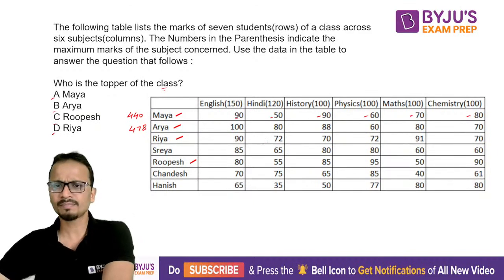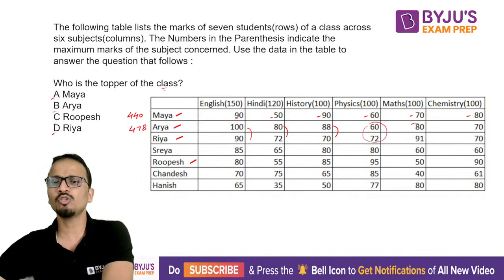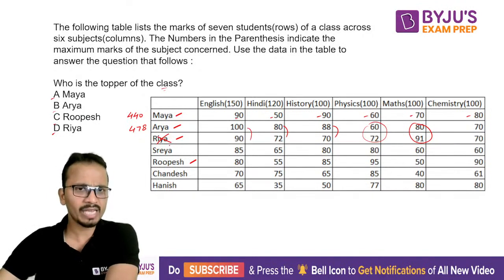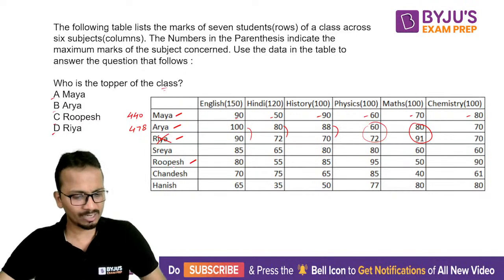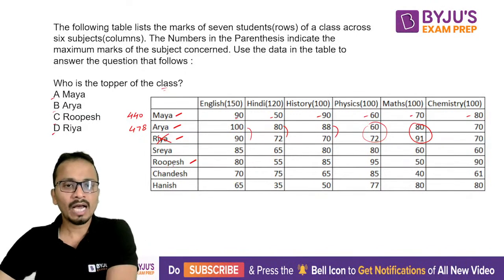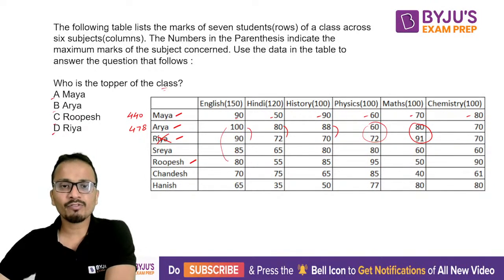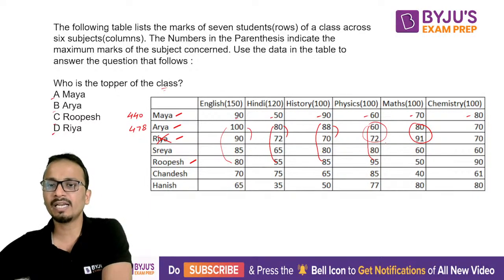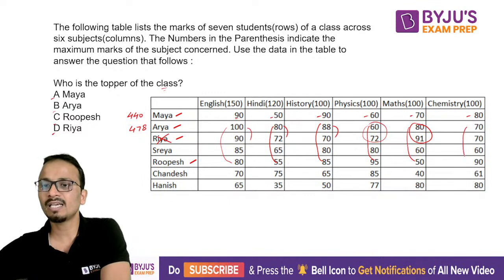Now for Ria, I can see that all these values are less for Ria, just these 2 values which are marginally higher. So I can remove Ria from this race. Okay, Anuj, hello. And Rupesh, I can compare with Arya: less, significantly less, less, a little more, very less, and a little more.